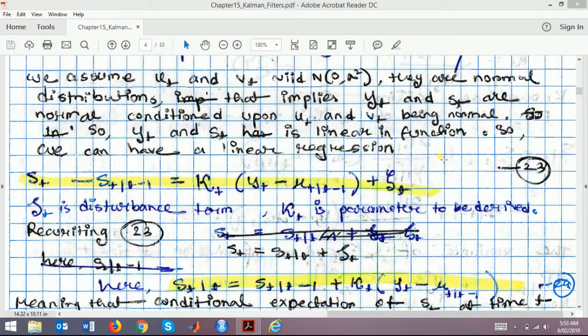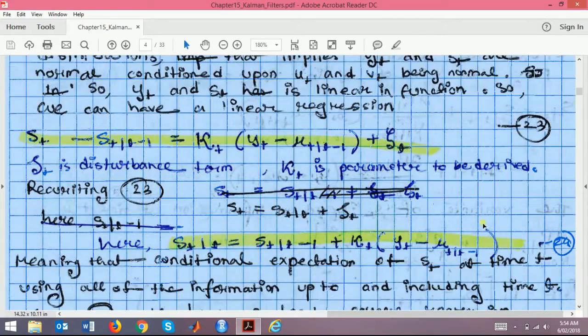Now kappa is a stronger parameter in measuring the prediction error between s1 minus s1 0, and we have a much updated prediction equation based on the assumed linearity of y and s, and we can simply solve kappa if we consider s1 minus s1 0 on the left hand side to be capital Y, and on the other hand kappa (y1 minus mu1 0) to be capital X, which is independent and dependent variables.